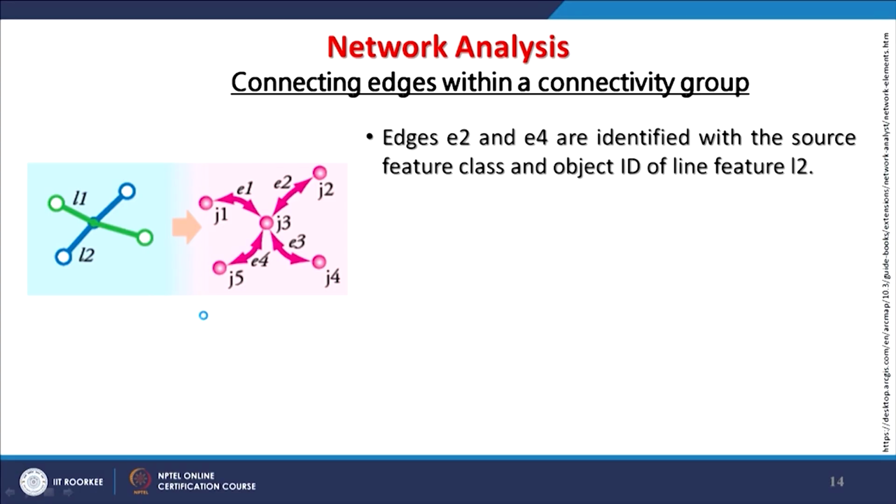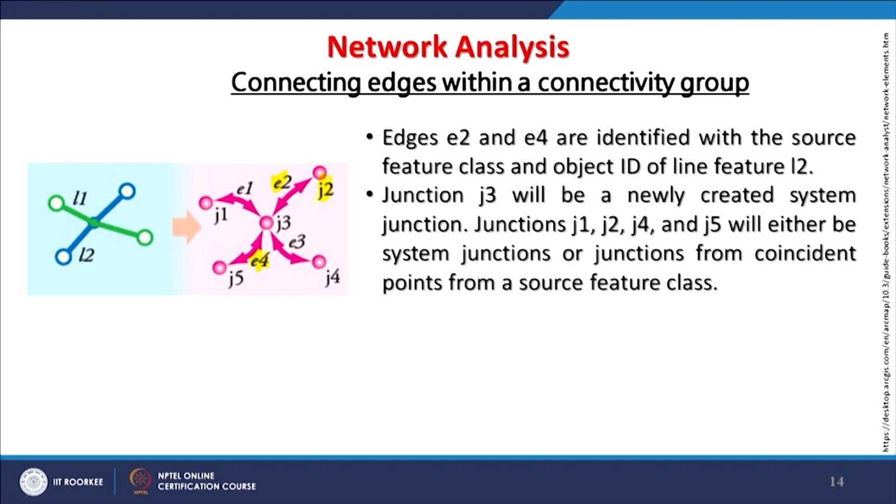Now, edge E2 and E4 are identified with the source feature class and object ID of that, the J2, which is this one. And the junction J3, which we have been discussing, will be a newly created system junction.